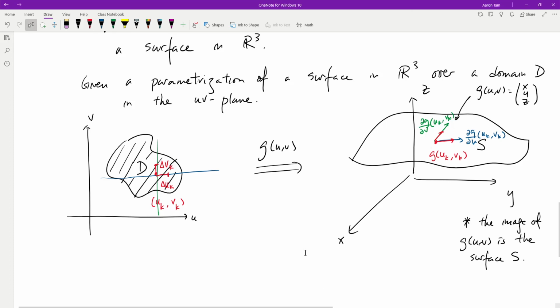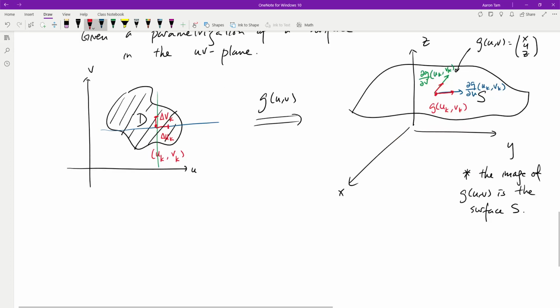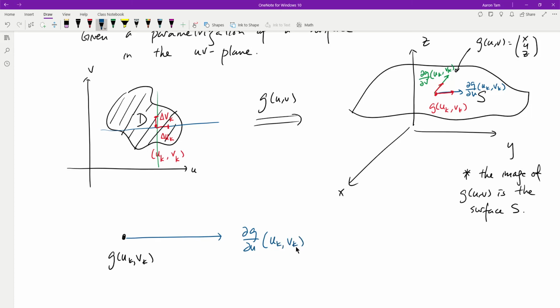So we form this somewhat zoomed-in picture. Here's the point g of u sub k, v sub k. Blue is this direction, which is dg over du at u sub k, v sub k, and this is the direction dg over dv at u sub k, v sub k.